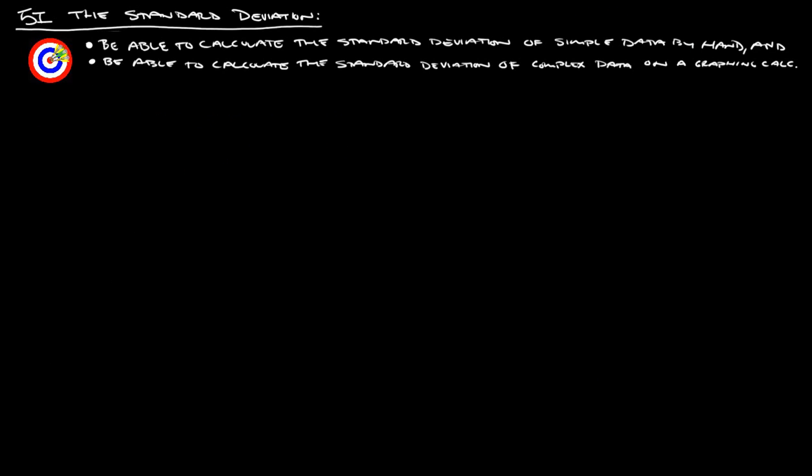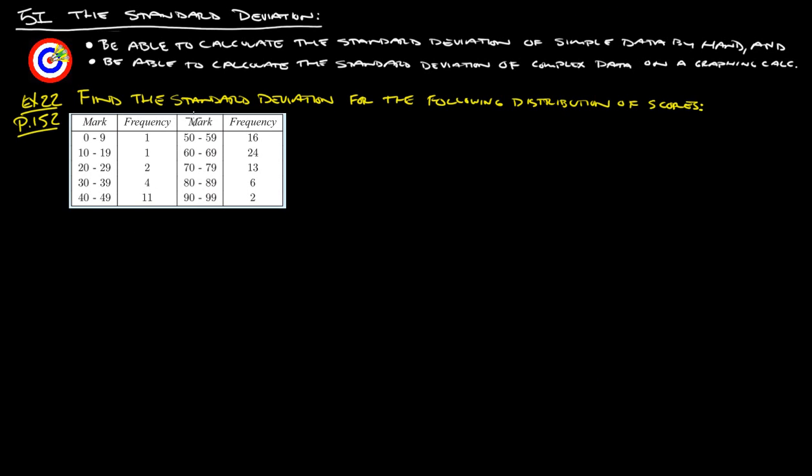Alright, let's try one more with a little bit different type of question, and away we go. We're going to find the standard deviation again. Only thing different here is that we have, instead of actual scores here, this frequency distribution, right?